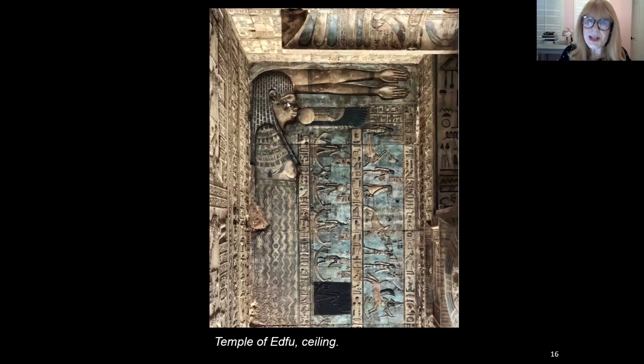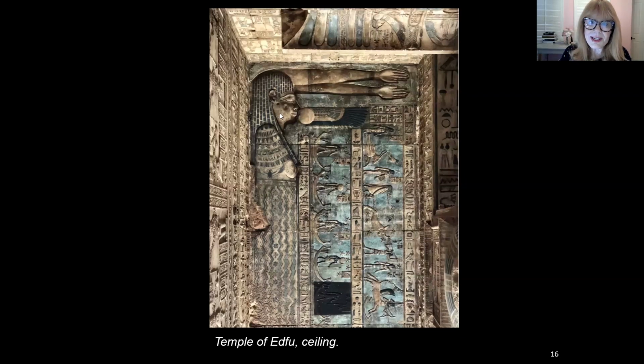So here's the sun, and she's always depicted with her arms way over her head, looking very uncomfortable. So it seems like these are two arms that are just sticking out of nowhere, but that's the way she is represented. And then it passes through her body, and then every morning she gives birth to that sun again.